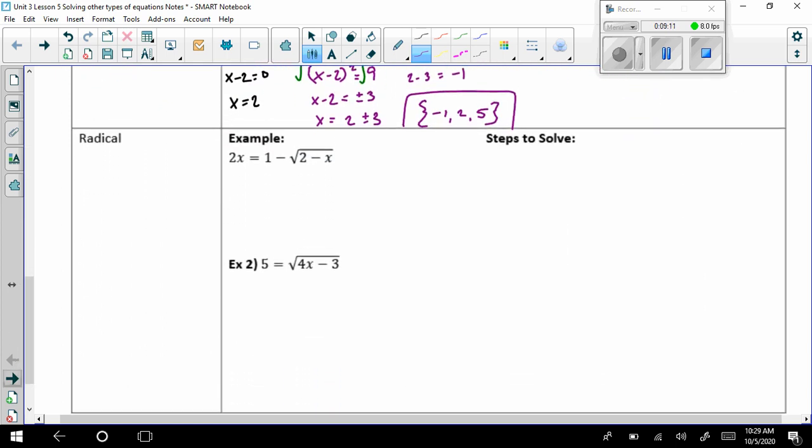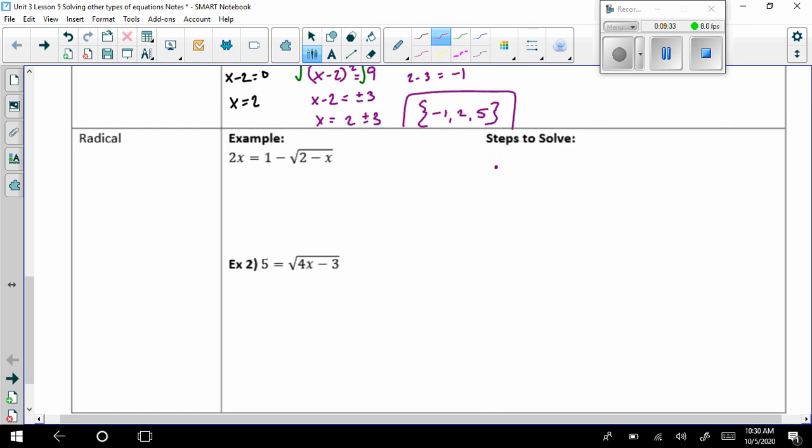The next type of equation is the radical equation. Radical equations are kind of the opposite of quadratic equations in that if you graph them, it would be almost a parabola turned sideways. To solve those, we're still using inverse operations.